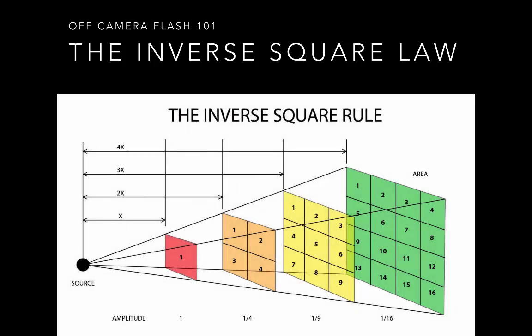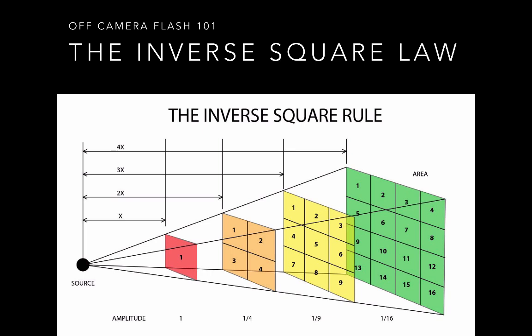And it doesn't just apply to light, but for photographers, that's all we really care about. It applies to sound or anything that starts at one point and spreads out in a fairly even manner. So let's take a look at this chart real quick. This graph does a good job of visually explaining the common confusion with the inverse square rule.